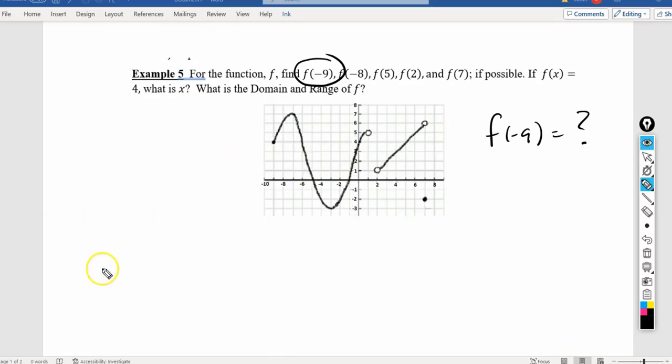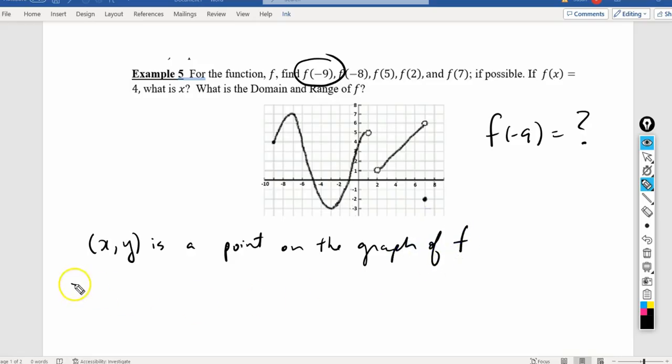So what a function does is, if you have a point on the graph of f, then what f does is it maps the x-coordinate into the y-coordinate.